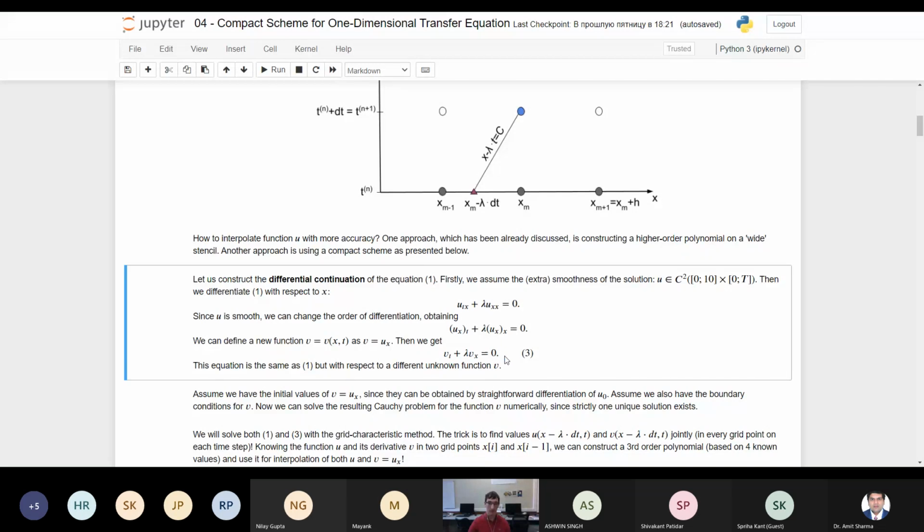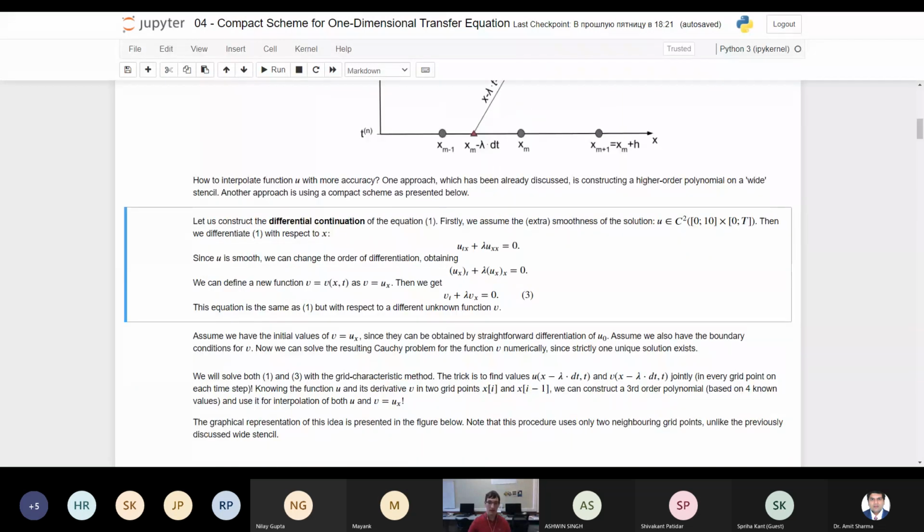So this means that we have another equation of the same form as equation 1, but with respect to a different unknown function v. And the important thing is that v is related to the original unknown u, being its derivative with respect to x.